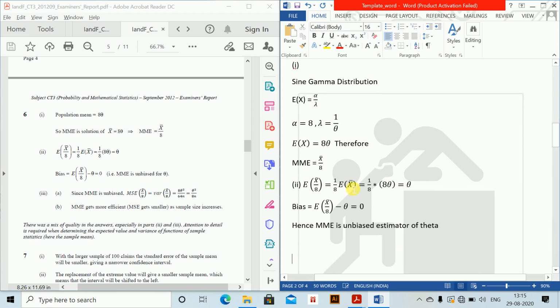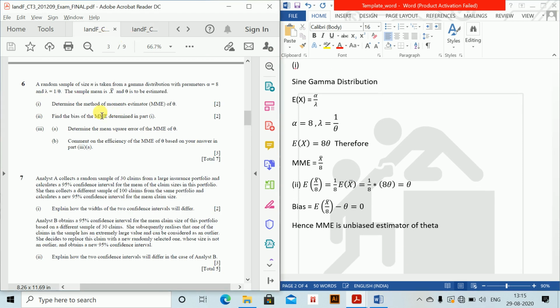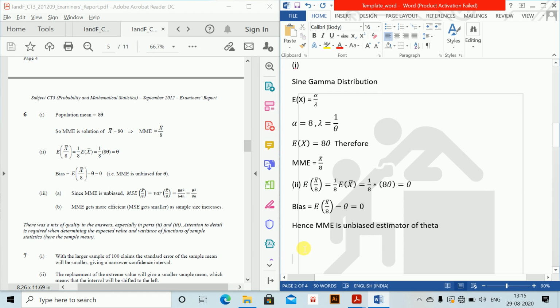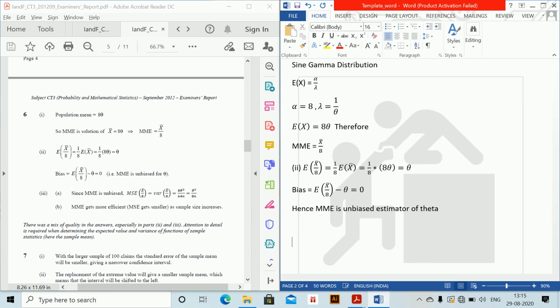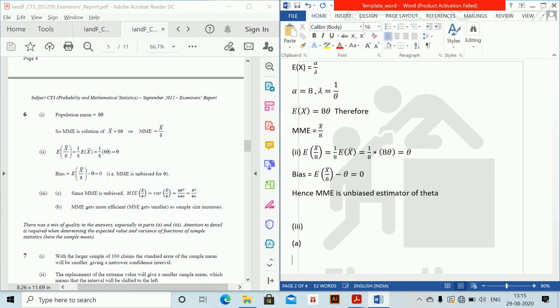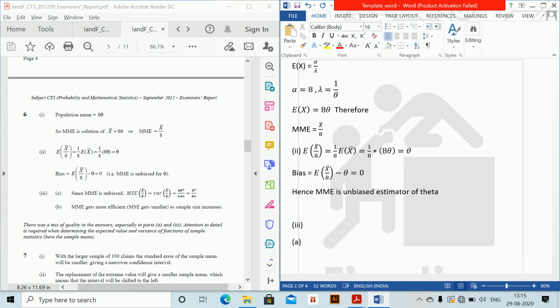Next is determine the mean square error of the MME of theta. So we need to find the mean square error of MME of theta, which is question 3. Then you write part A. For 3 part A, we have MME is unbiased.